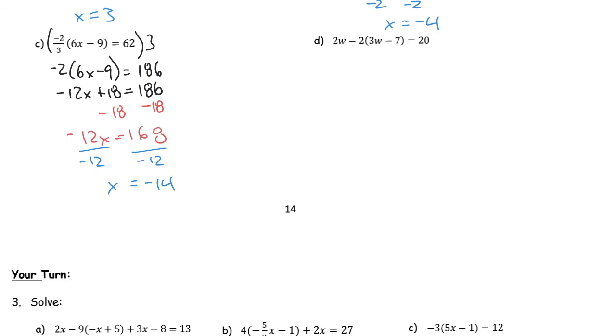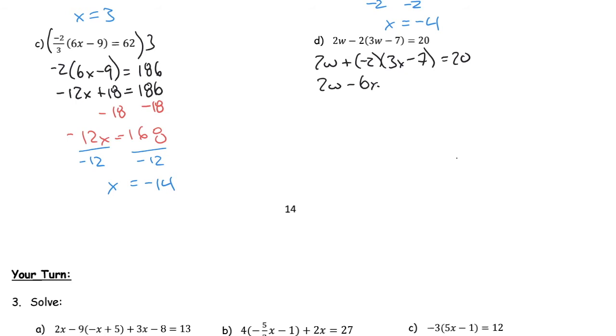Then for this next one here, again, the 2w is not being multiplied by that set of parentheses there. It's really just that negative 2. So then I would distribute that negative 2 through. It'll get me negative 6. And I don't know why I converted that into an x so quickly.